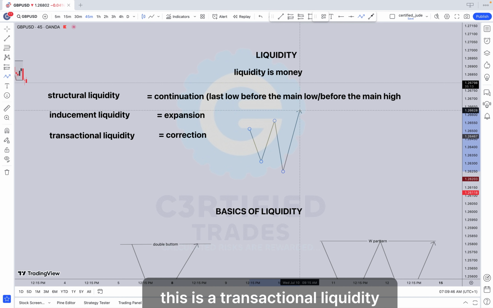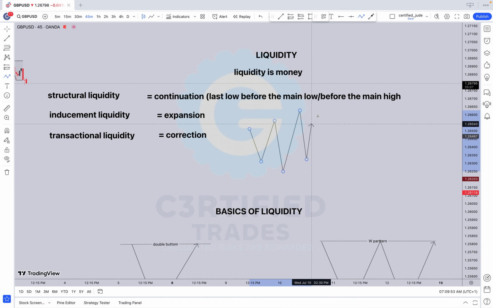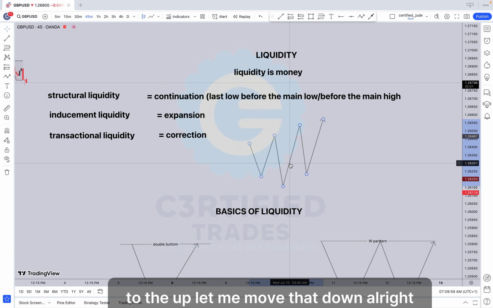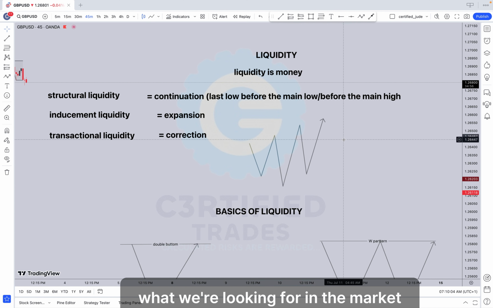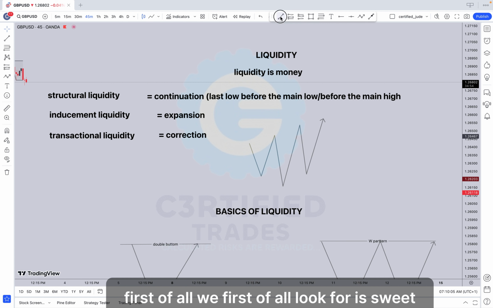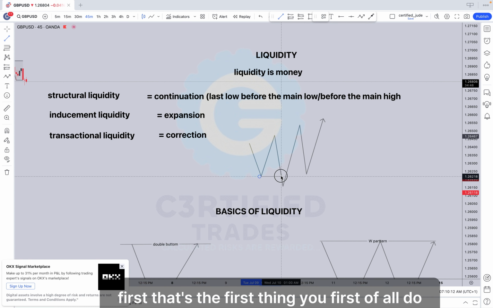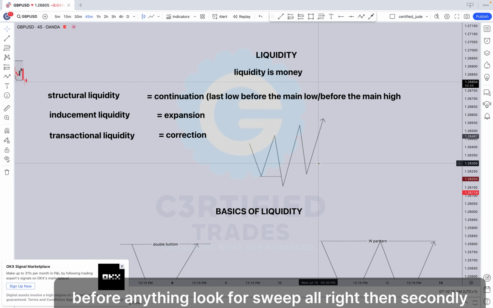This is a transactional liquidity, then it comes down, then up. This is what we're looking for in the market. First, look for a sweep. That's the first thing you do, before anything.